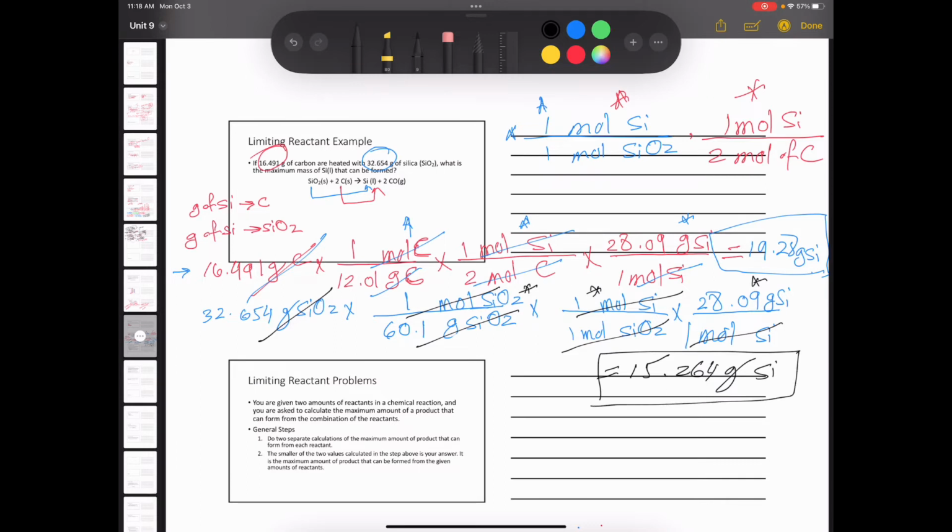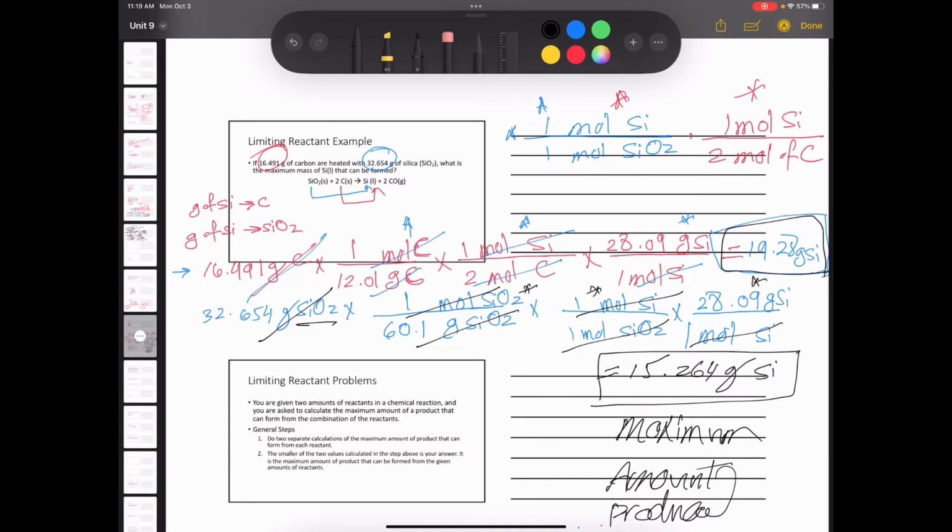So this is the amount that we'll be getting for silicon using the silicon oxide, which is 15.264. For the carbon, it's 19.28. What is the maximum amount I can get of silicon based on the amount of carbon and silicon oxide? I will be getting 15.264. This is my maximum amount that can be generated or produced.